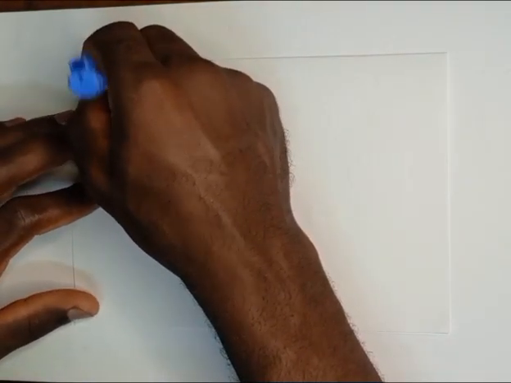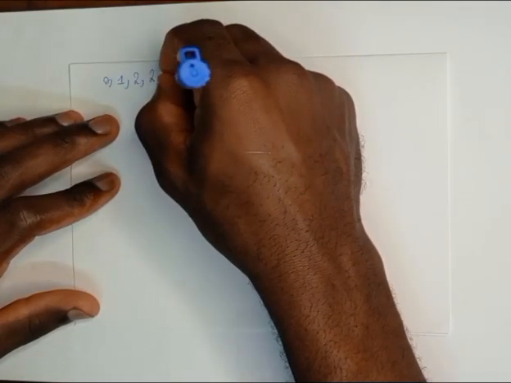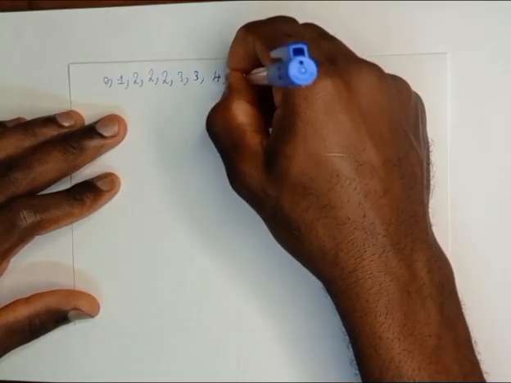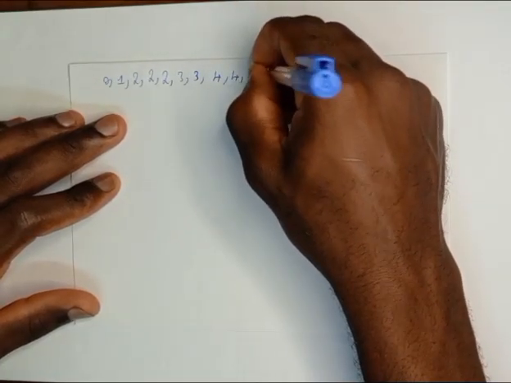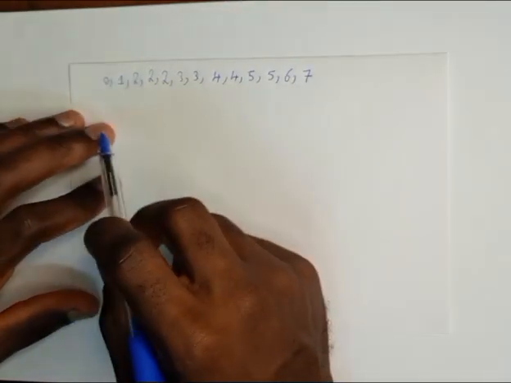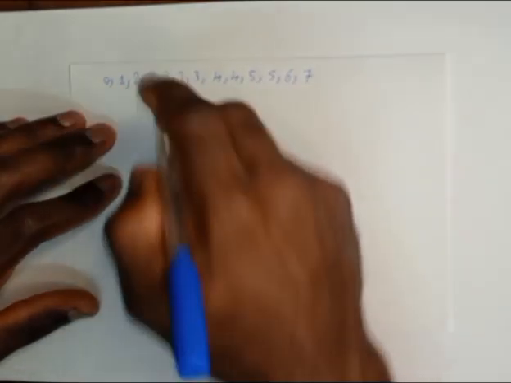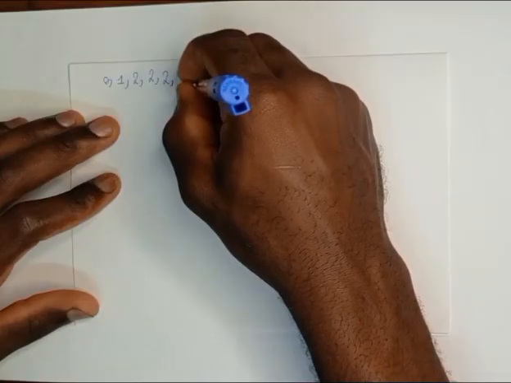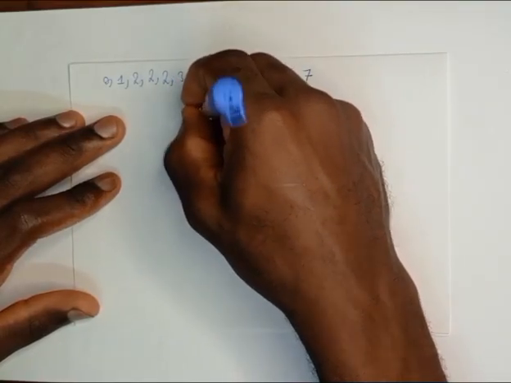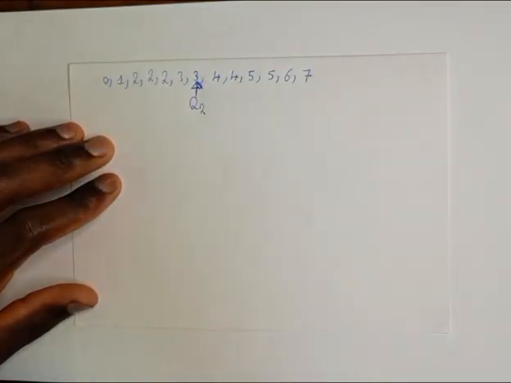We have 0, 1, 2, 2, 2, 3, 3, 4, 4, 5, 5, 6, 7. We have the median at the 7th position, which is 3. We know this is a median, which is abbreviated as Q2.